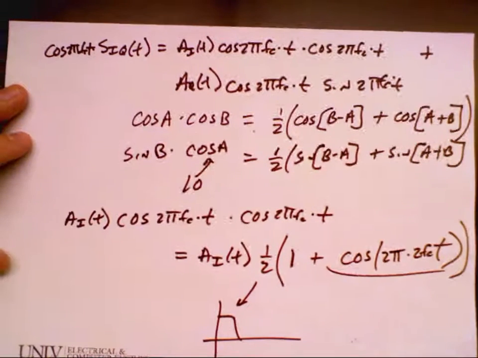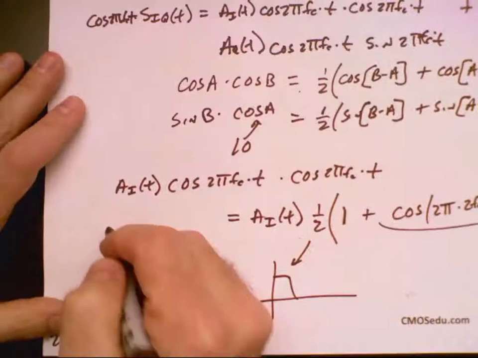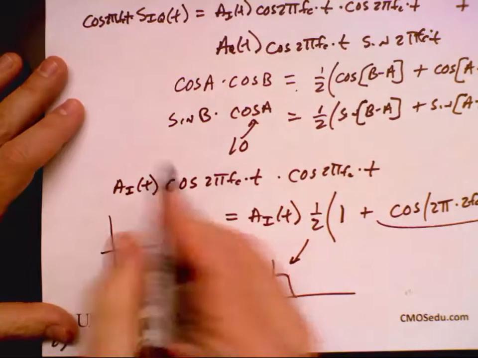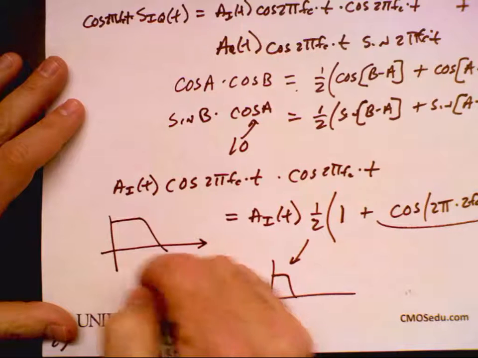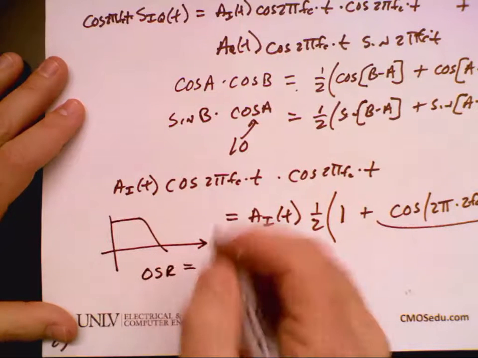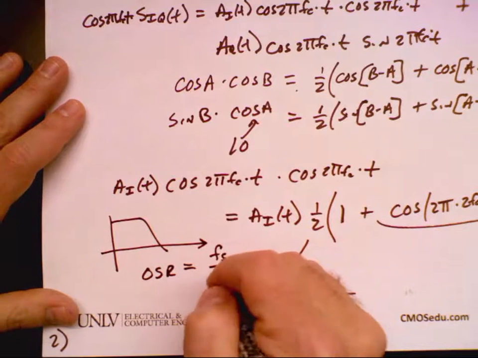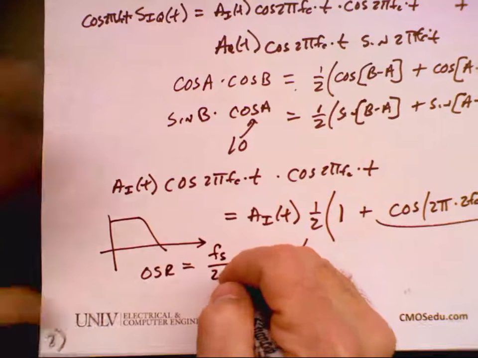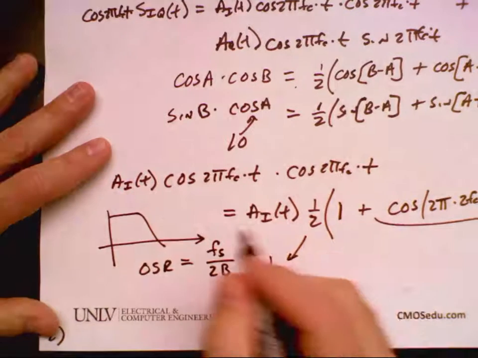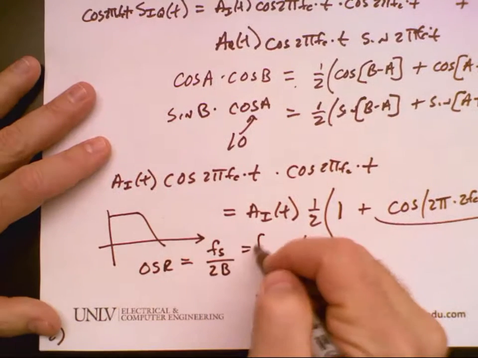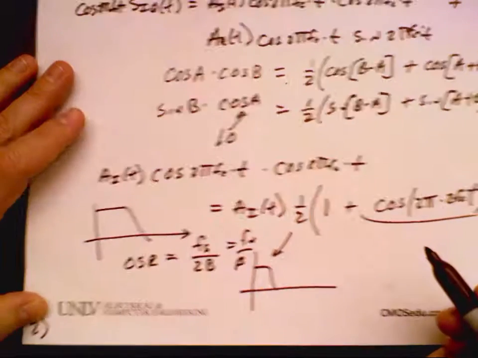Now, before we go any further, you notice how when we talked about the oversampling ratio, the oversampling ratio in our bandwidth was f sub s over 2 times the bandwidth, we'll call it b. So it's basically the Nyquist frequency divided by the bandwidth b.